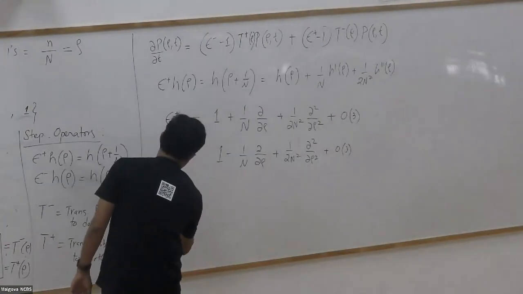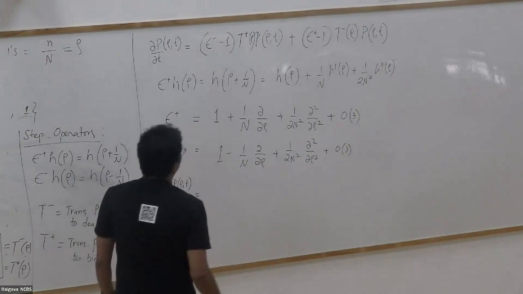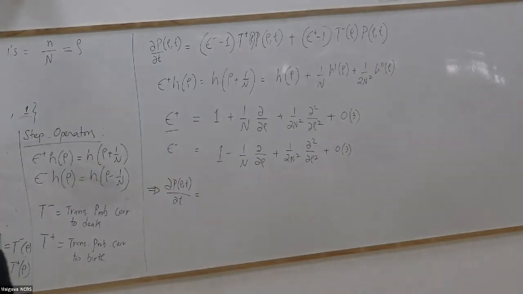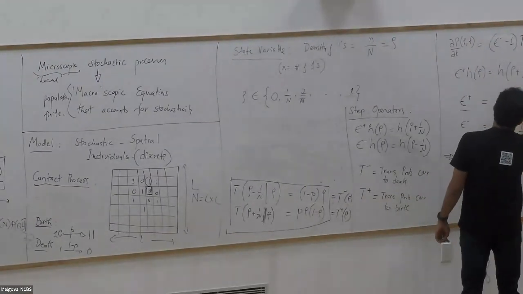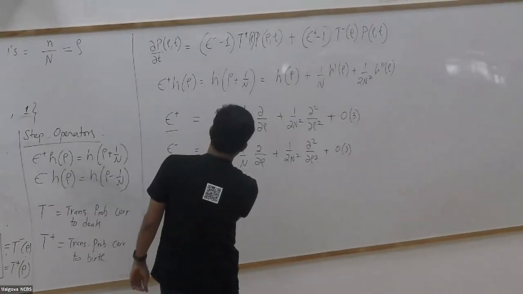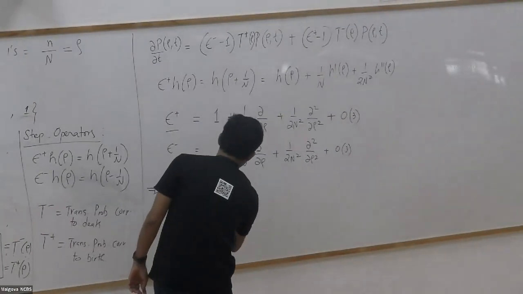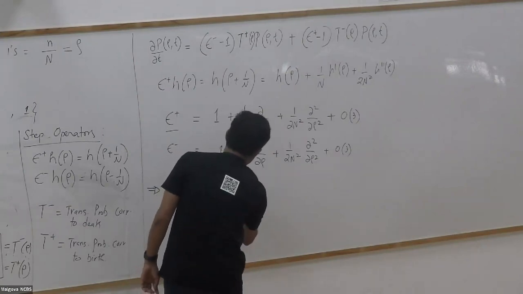Let us look at the first term. So this minus this will be this, minus 1 over n, right?